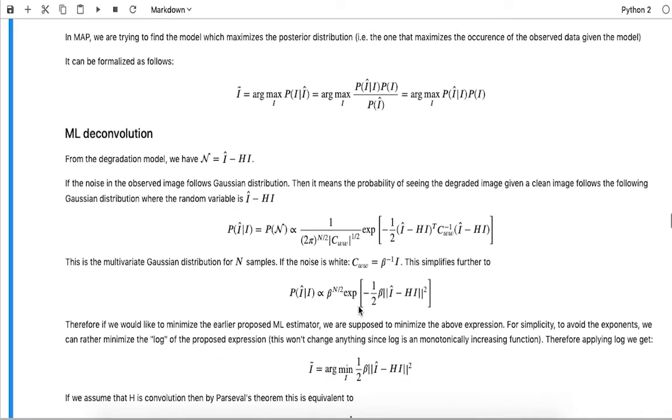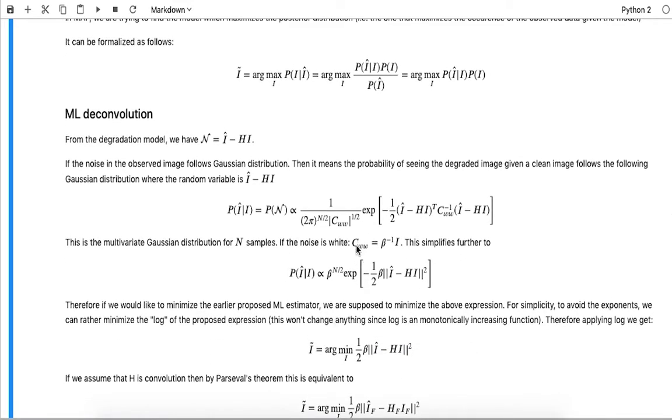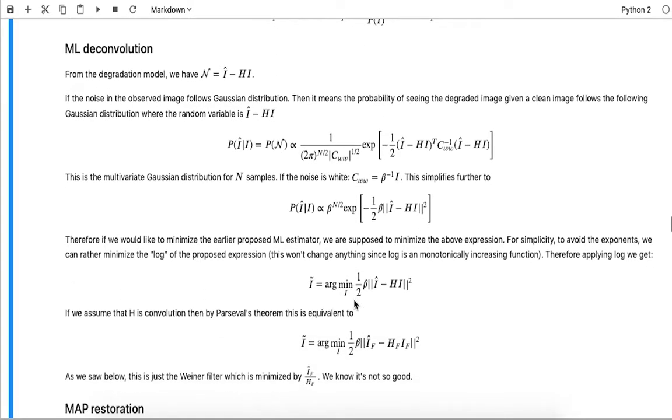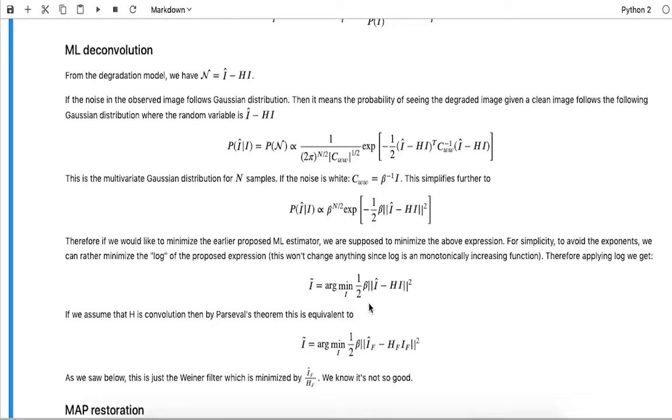With some simple elimination, maximizing this is also equivalent to maximizing the log of this, because log is a monotonic function. So you just get rid of the exponent, and maximizing the negative is minimizing. You're trying to find a minimum I which satisfies this.